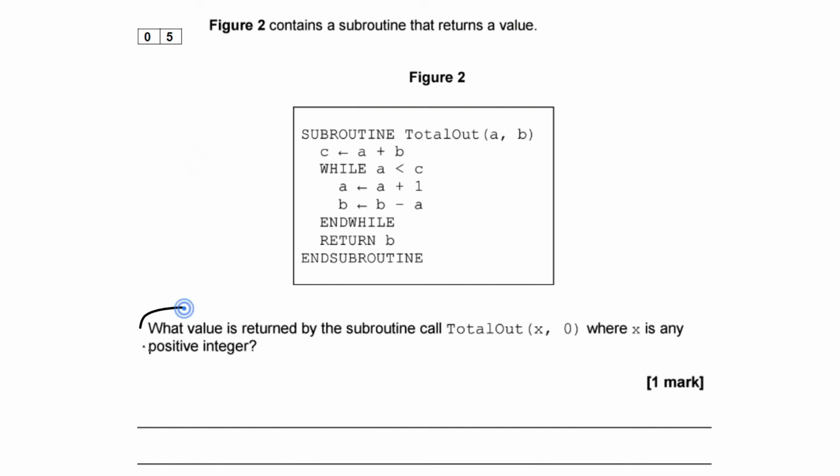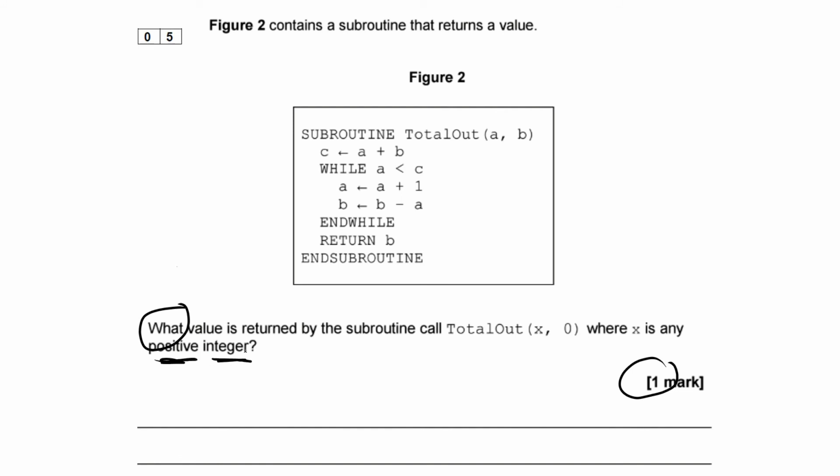We've got "what", which is a bit like a command word. It just wants a very specific answer. Again, your clue is in the 1 mark, so it wants a very specific, short, sharp answer. And then the other thing is, what is a positive integer?